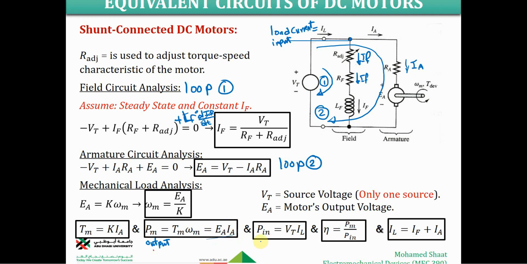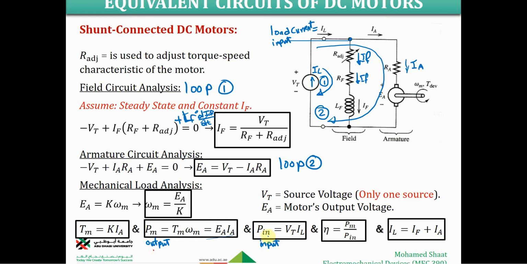And the input power, this is going to be the input power, electrical power. The essential difference is that the input electrical power comes from only one source. But in the separately excited DC motor, we had two sources. So that's why we had two terms. Here we would have only one term, which is VT times IL, because the current through this branch is going to be IL, which is going to be the sum of IF plus IA.